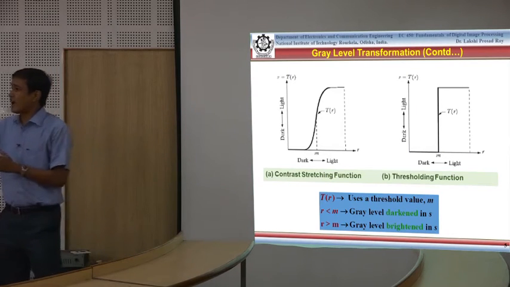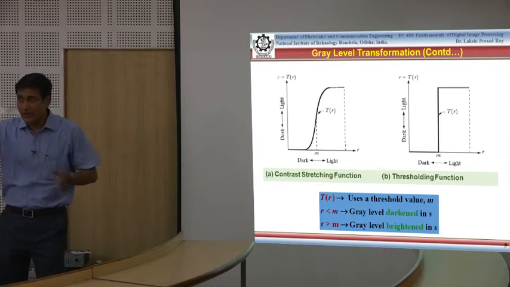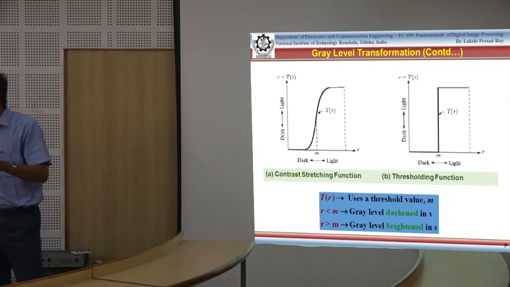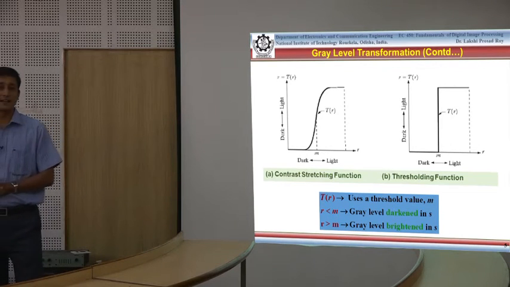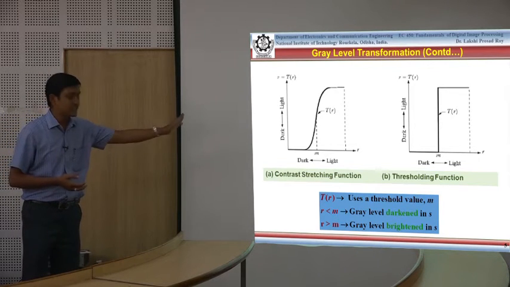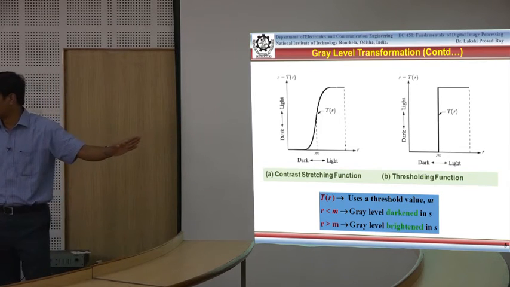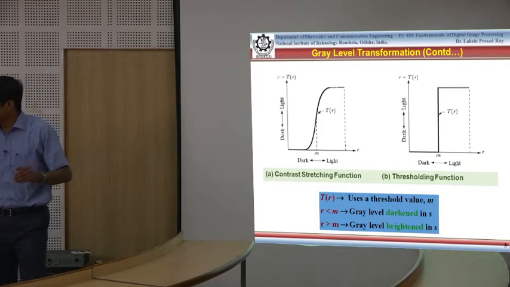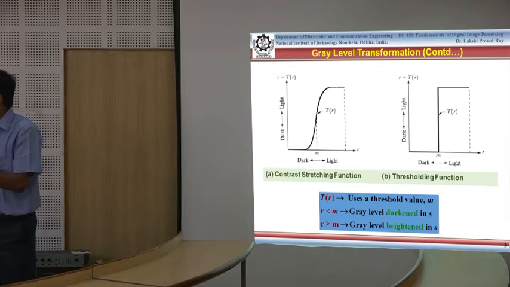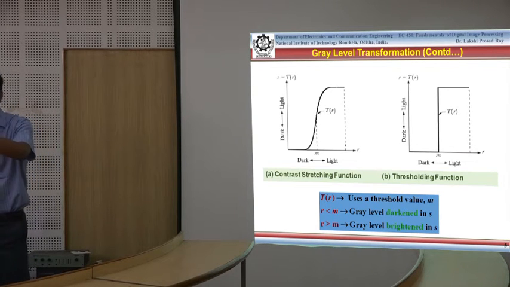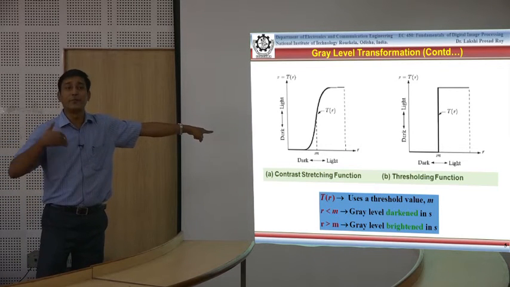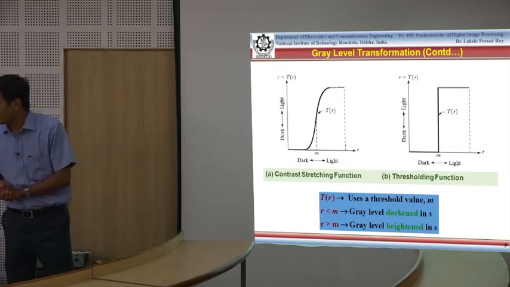Around it make the highest variation, and when you go far from it, you make the variation at the output with respect to the input with lesser rate. This is the meaning. With respect to this m, if r is less than m, then you increase the s with respect to r at a higher rate compared to that in the r ranges which are beyond m.